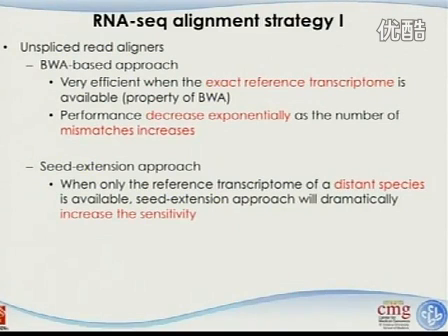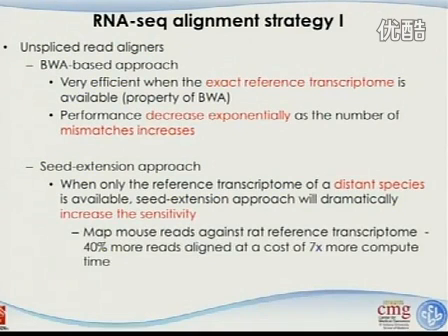Sometimes you want to map against a relatively close species, and at that time, don't use BWA or any Burrows-Wheeler transformation approach because the sensitivity is too low. Then you have to use the seed extension approach. I think BFAST or some other approach is a good choice.